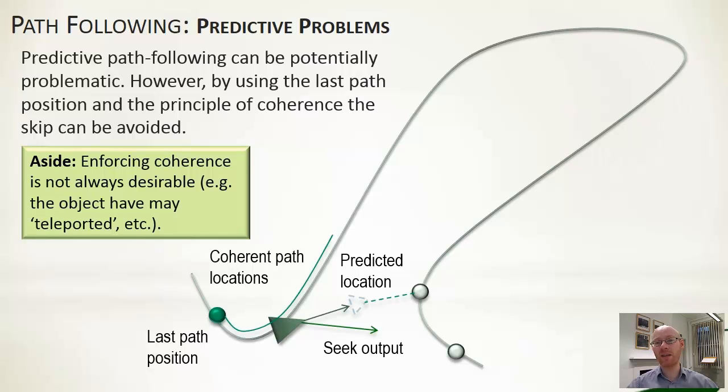So effectively, we can limit the positions in the path that we can actually map onto. That offers quite a good way of making sure we don't skip or jump over things. Although sometimes, depending on the game, if the object can teleport for example, we would want to have that skipping behavior. So it does very much depend on our game.